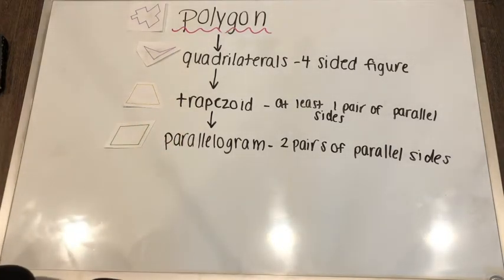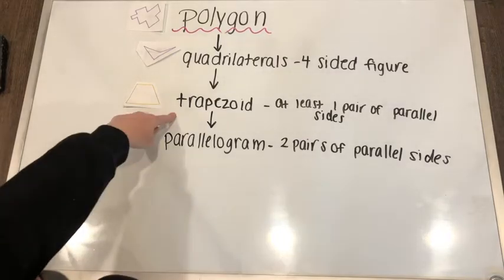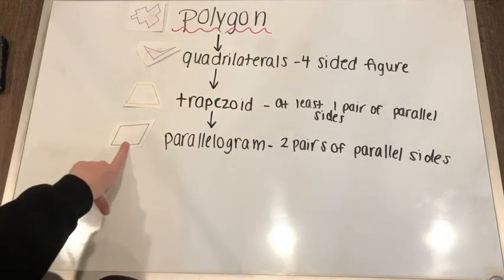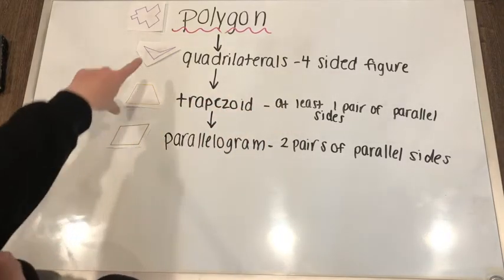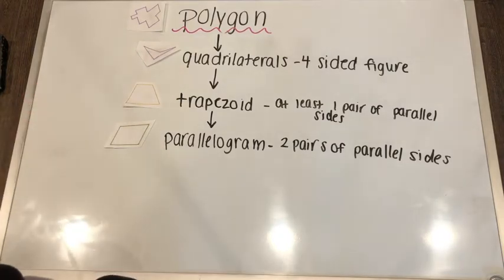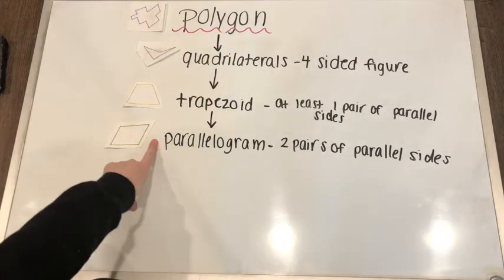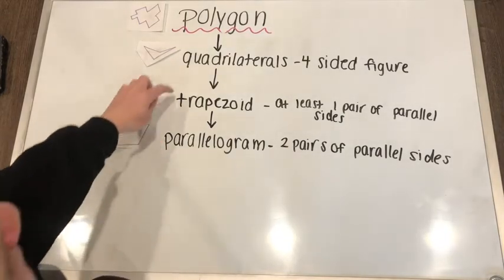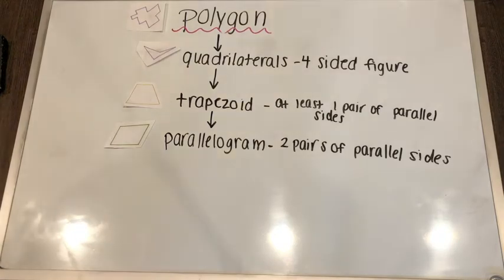A parallelogram is also considered a trapezoid because it still has at least 1 pair of parallel sides. It's also a quadrilateral because it's 4-sided, and it's also a polygon. So when we're looking at this diagram, our shape is also considered everything that's above it.